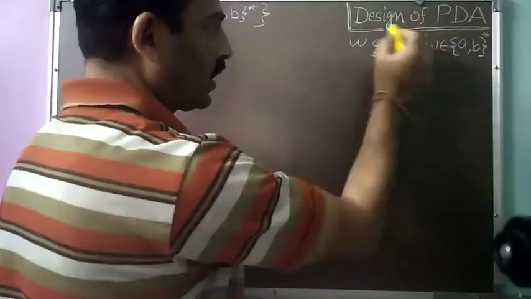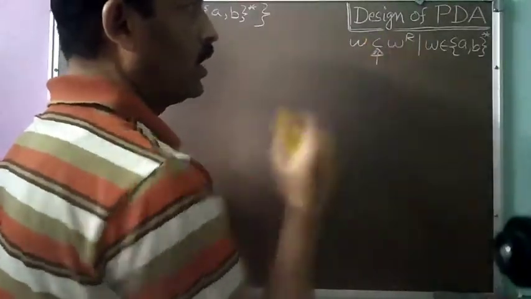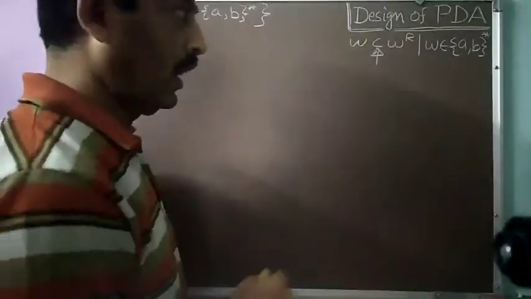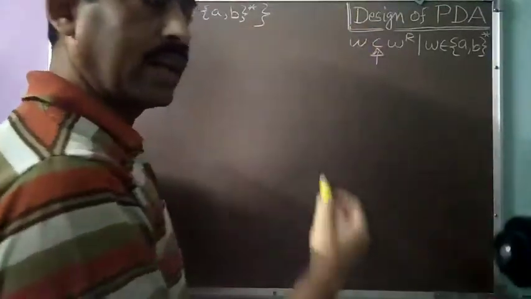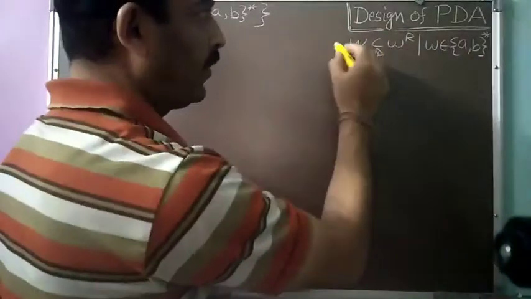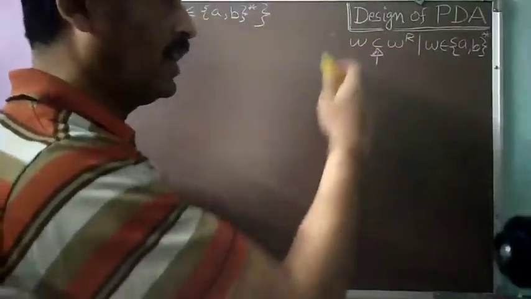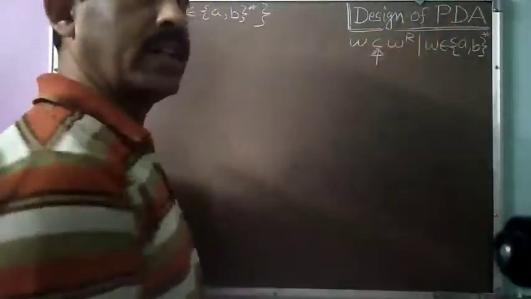So always the length in this language is odd, and C was always the marker marking the end of W and the start of WR. So this was the benefit available in that language. We can easily identify where W is finishing and WR is starting.